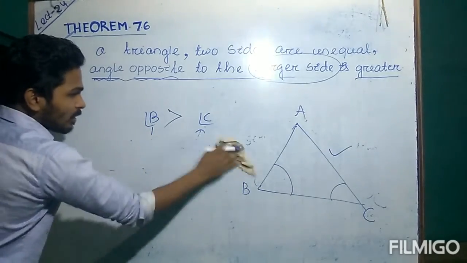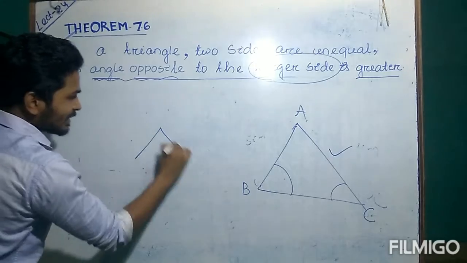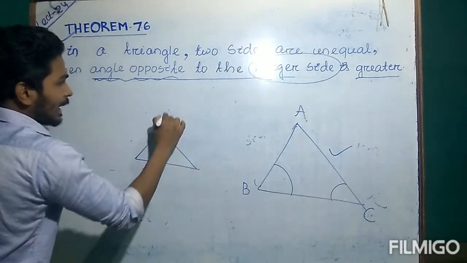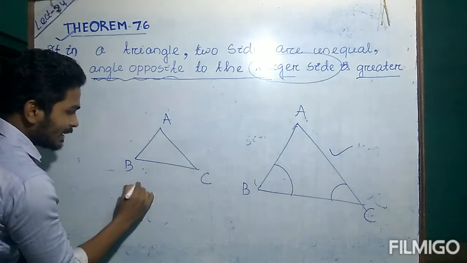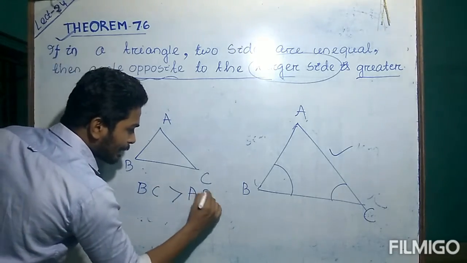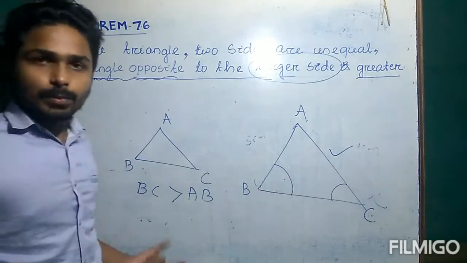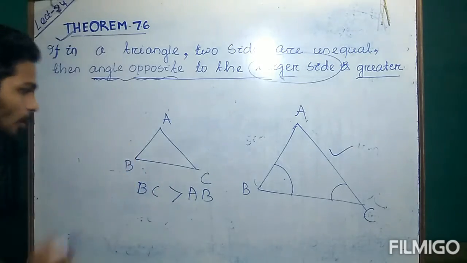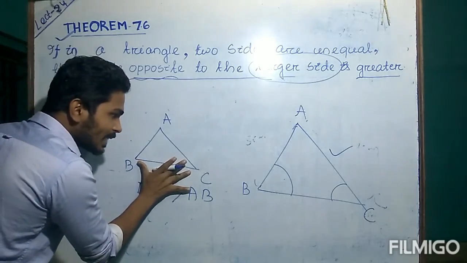Let us take one more diagram. Let's say it is a triangle, and in this triangle BC side is greater than AB side. So two sides are unequal. Now let us find the opposite angle of this side BC. Which one is the opposite angle of BC?